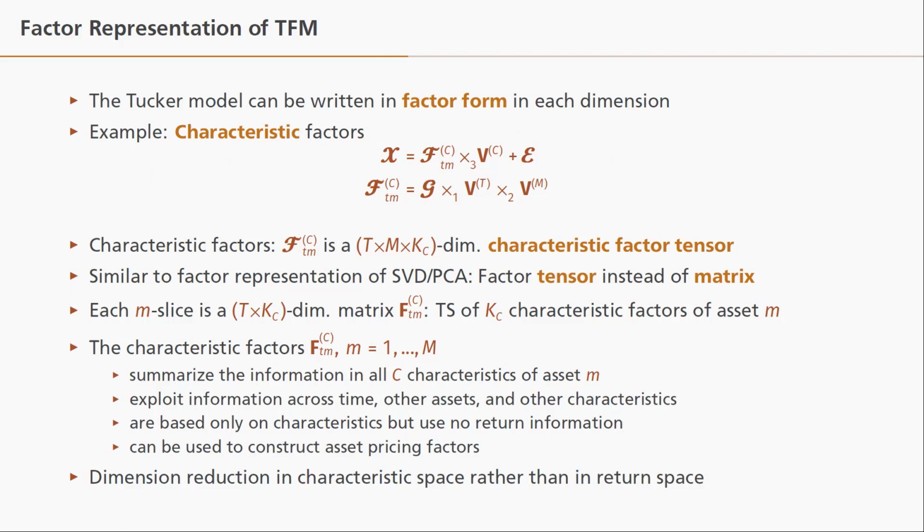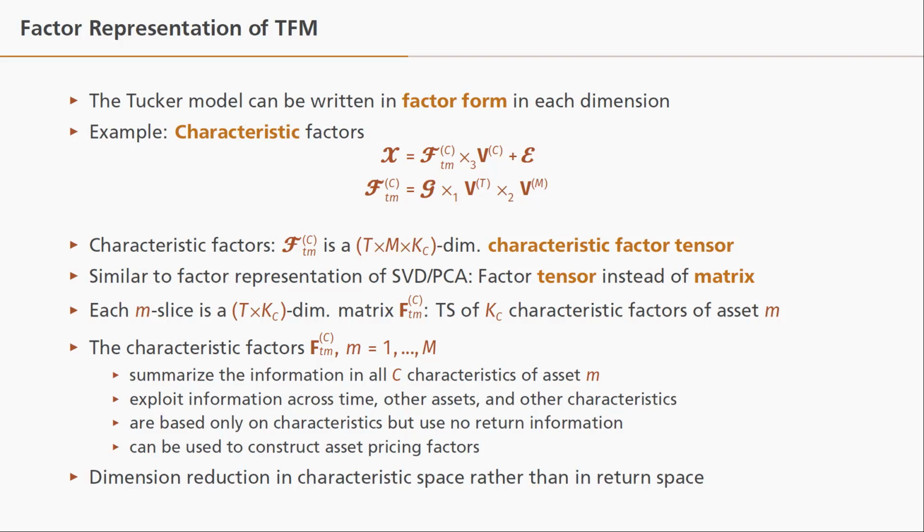Remember when I talked about the SVD models, I rewrote it to get a factor representation. You can do the same thing for the Tucker model. The only difference is that this is now a vector, this will be a factor tensor, and this will be the loading matrix.